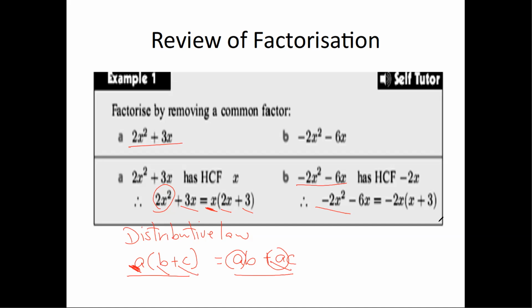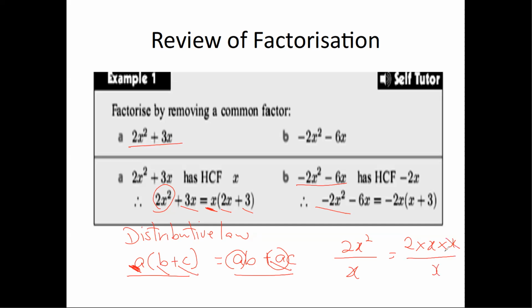For those who wonder how I divide 2x squared by x and get 2x, let me go back to this portion. You can put it like this: 2x squared divided by x is the same as 2 times x times x, all divided by x.